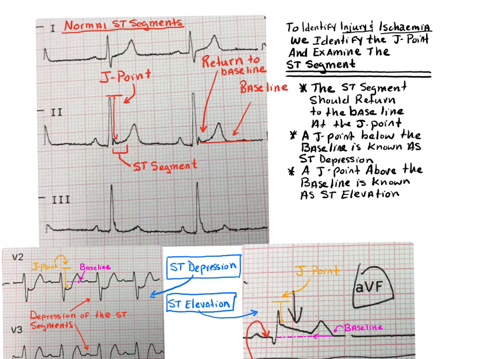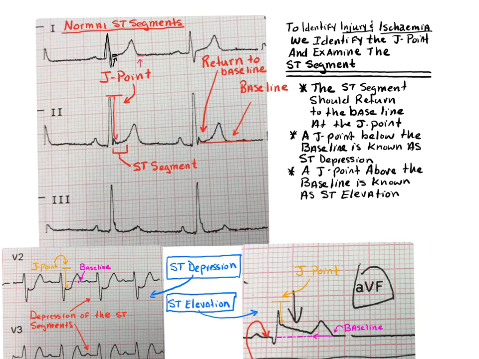So if we look at lead 1 here, I've got my QRS complex. And do you see how the S wave comes up and terminates back at the baseline here? You guys see that there? And where do I find the baseline? Well, what you want to do is go right behind the T wave here, and you see the baseline here. I'm going to put a red line on there. Did you guys see me put that line there? I'll put an arrow to it.